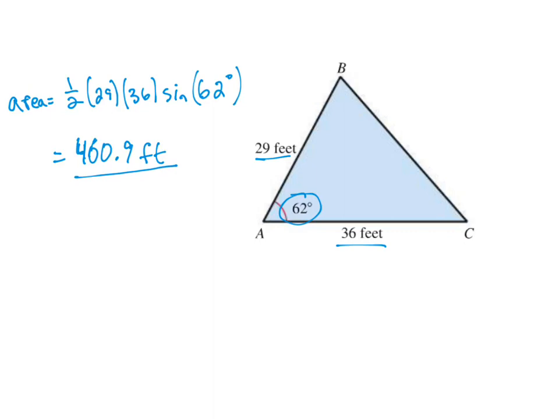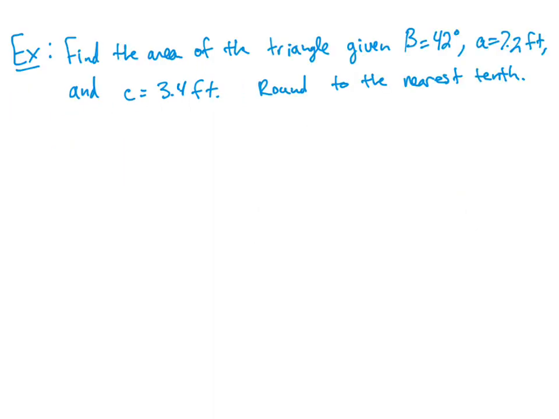And then let's look at a second example. This example says to find the area of the triangle given angle B is 42 degrees, side A is 7.2 feet, and side C is 3.4 feet.